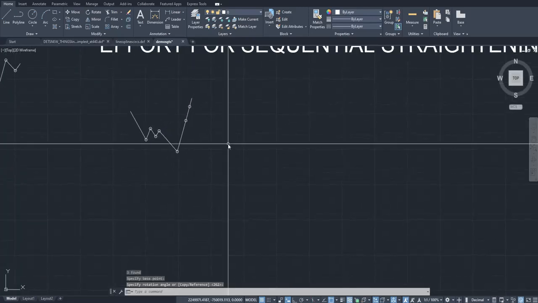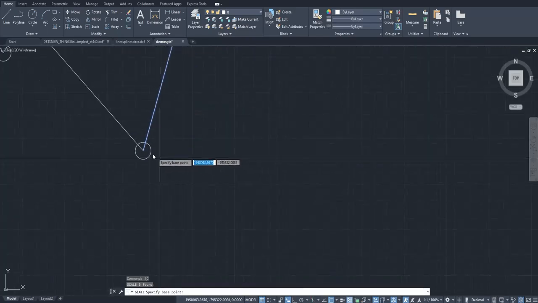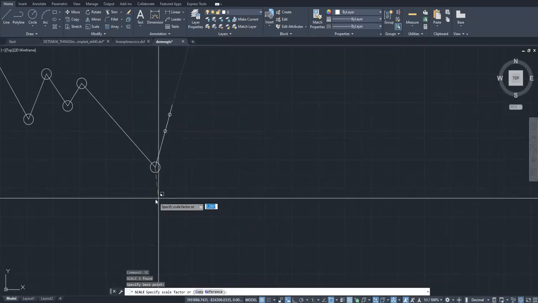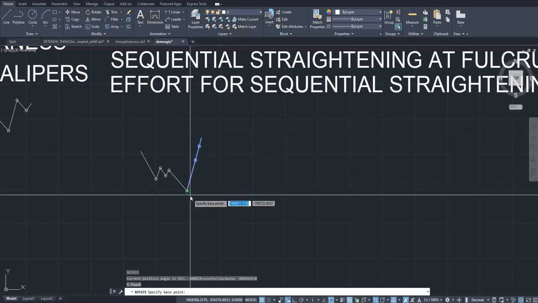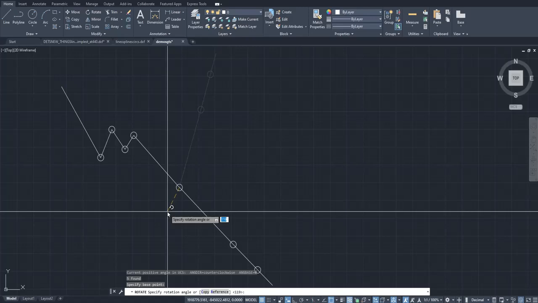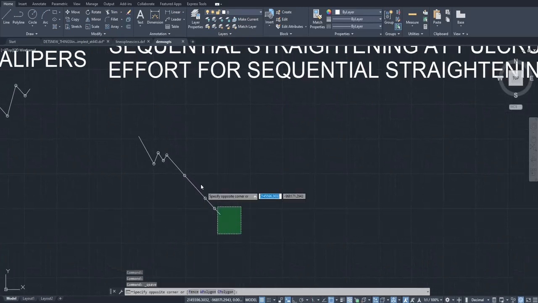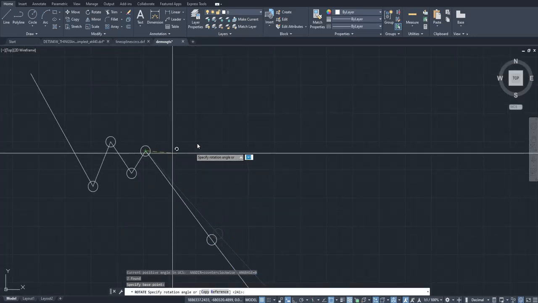One at a time, we are sequentially choosing the fulcrum, and we are rotating the right bunch of line segments about the right fulcrum point to get the sequential straightening through sequential rotation.